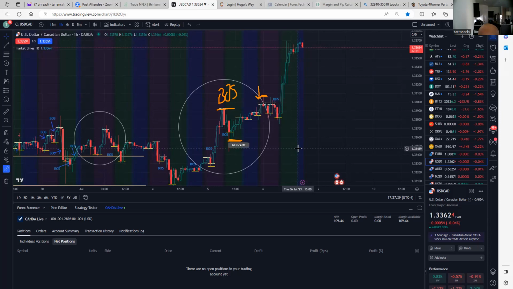Right here. So this is the high of the range. This is the low of the range. Notice how price pulled back, right here, kind of midpoint of that range. So it just went into the discount from here to here, just tapped into the discount. And what did it do? Take off like that.